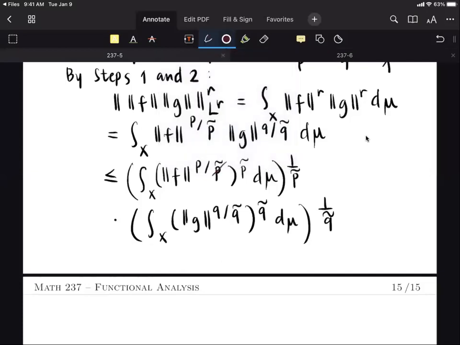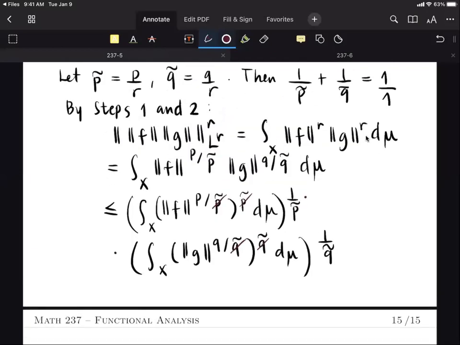You can see that this will cancel. I can write 1 over p tilde as r over p, according again to this equality. And similarly, if you use this, you will get r over q.